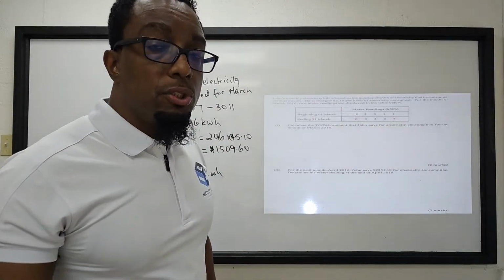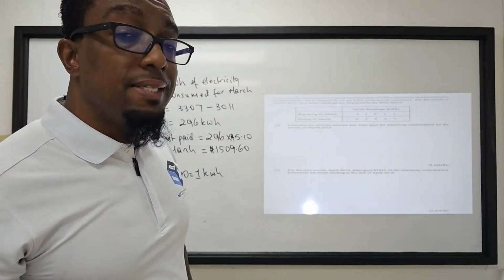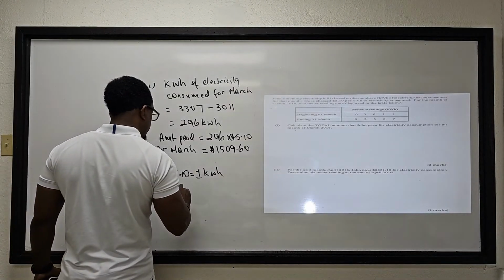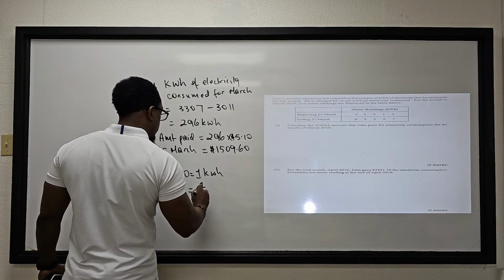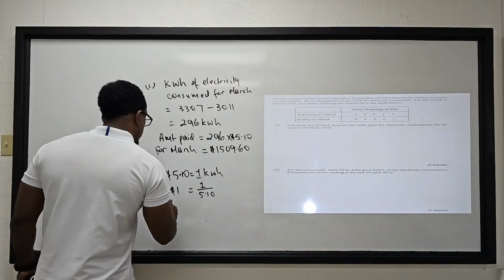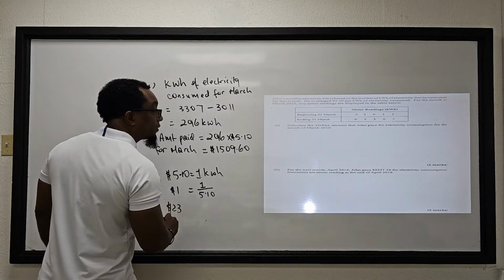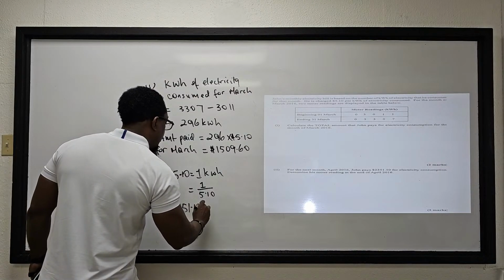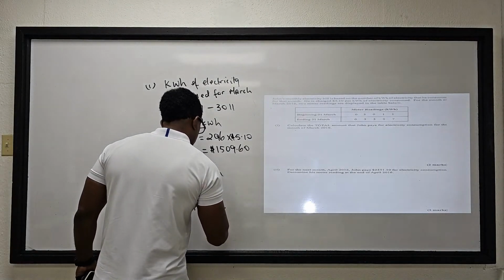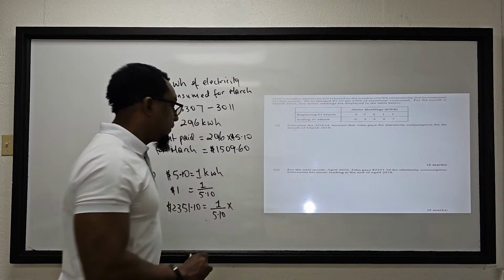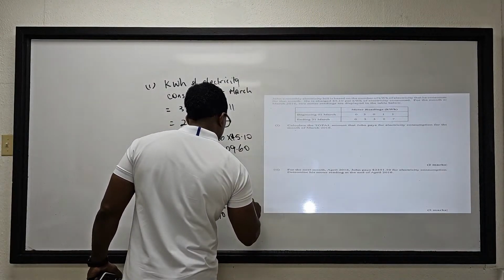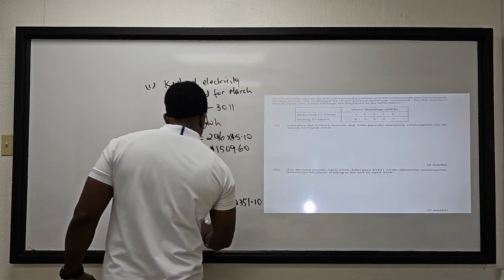So let's determine how much $2,351.10 is equal to. $1 is equal to 1 all over 510, and therefore $2,351.10 will be 1 all over 510 times $2,351.10.